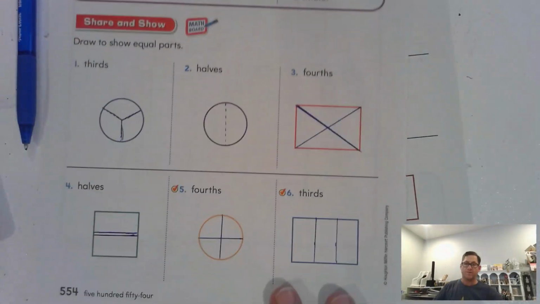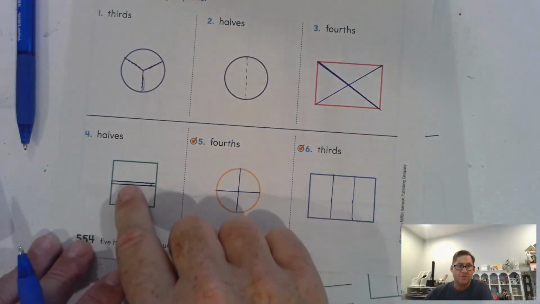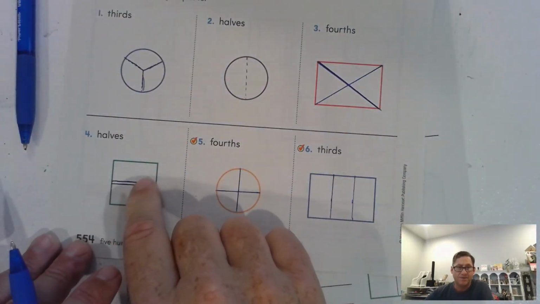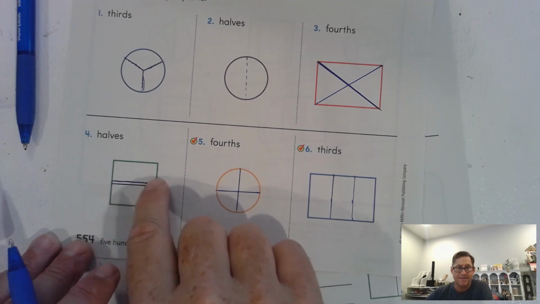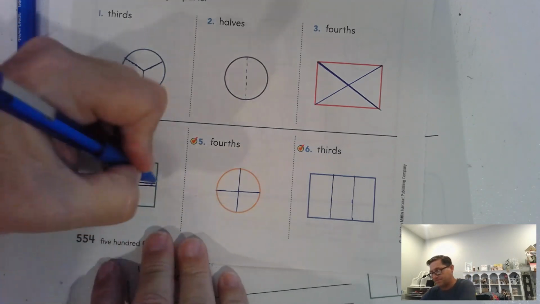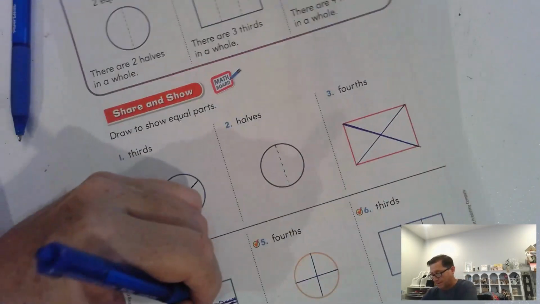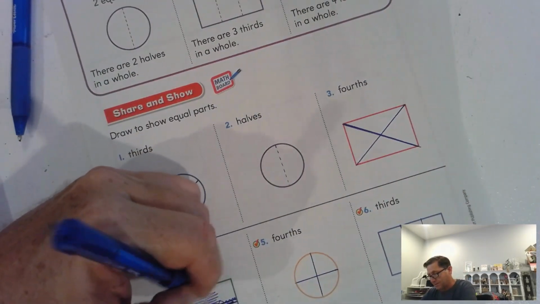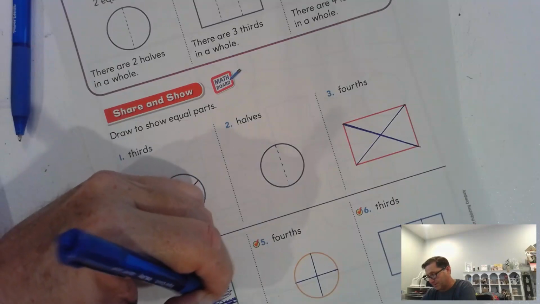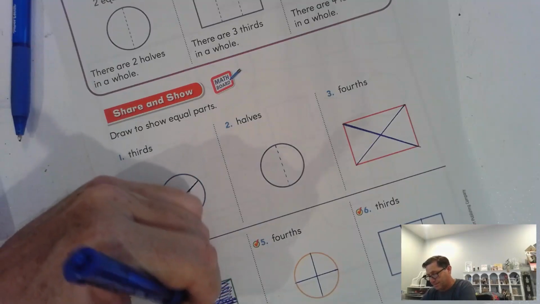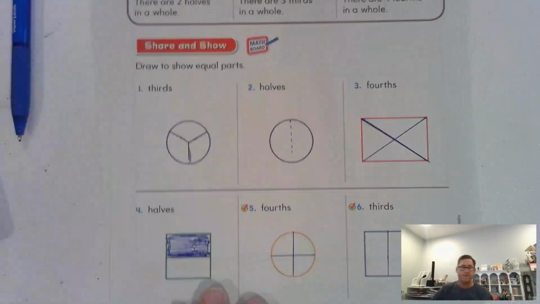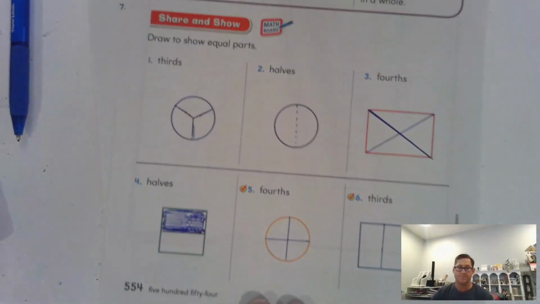Okay, so roughly thirds. All right, so do your math. Definitely use a pencil. So if you make a mistake like I did here, you can erase this mistake. All right, so half. All right, let's go to page 555.